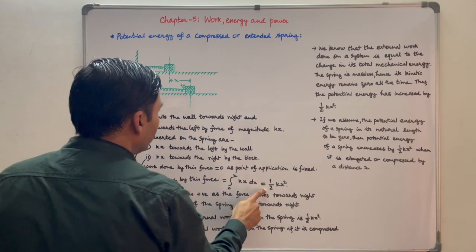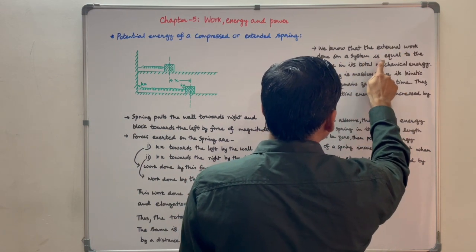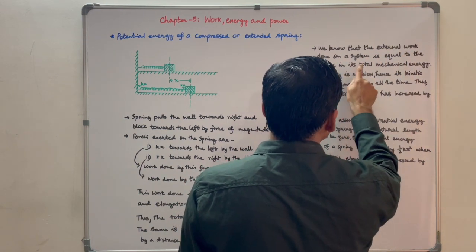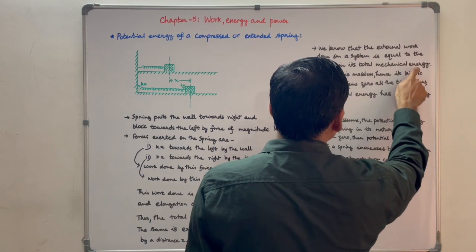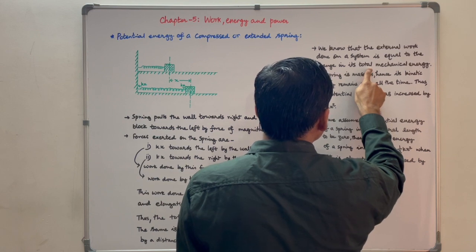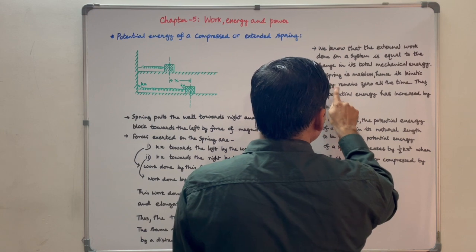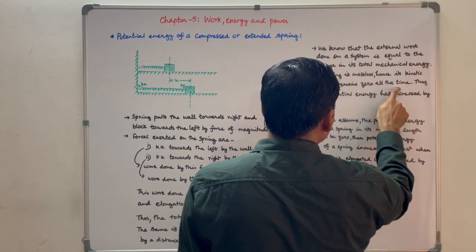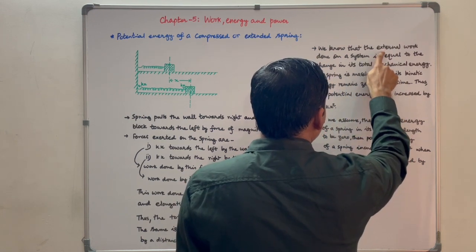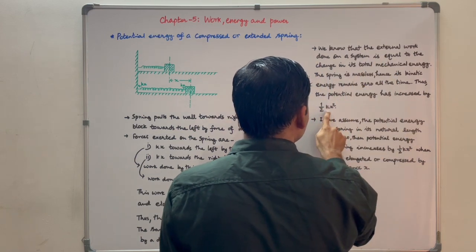We know that total external work done on a system is equal to the change in its total mechanical energy. And total mechanical energy of the spring is its kinetic energy plus potential energy. Since the spring is massless, kinetic energy of the spring will remain 0 all the time. So total external work done on the spring will be equal to its change in potential energy.